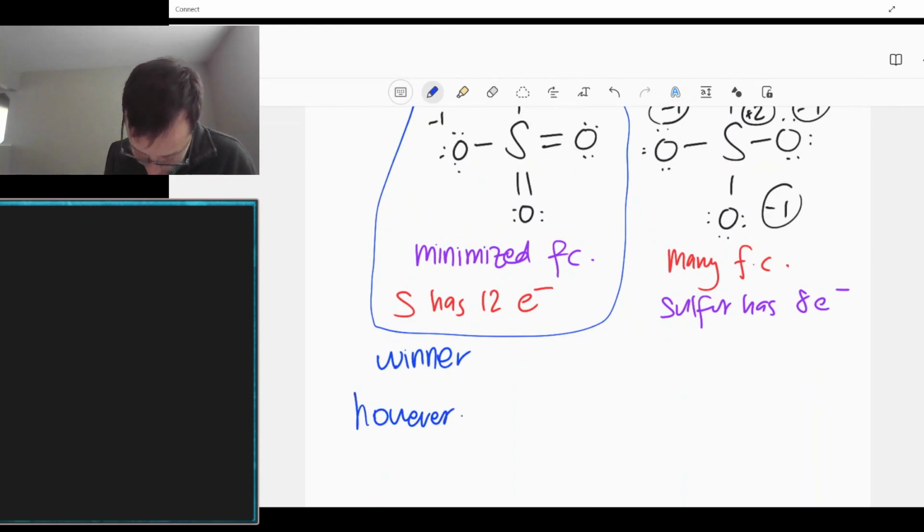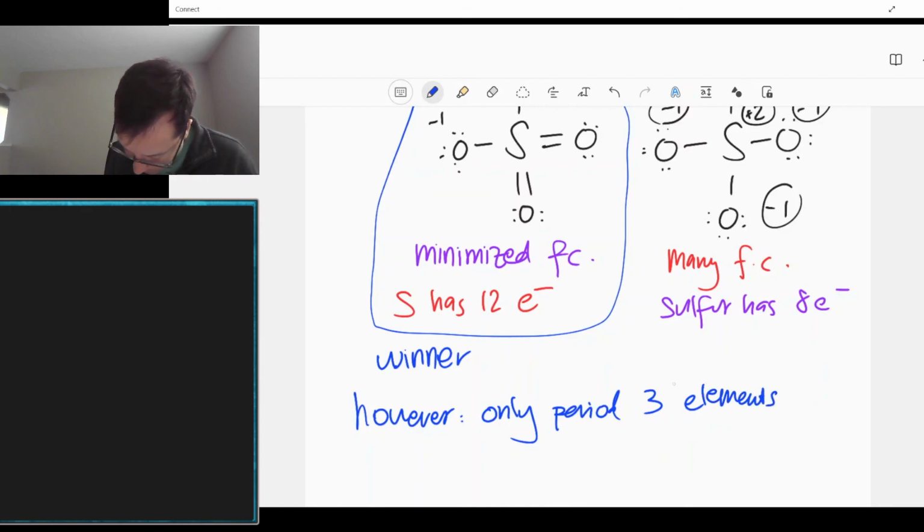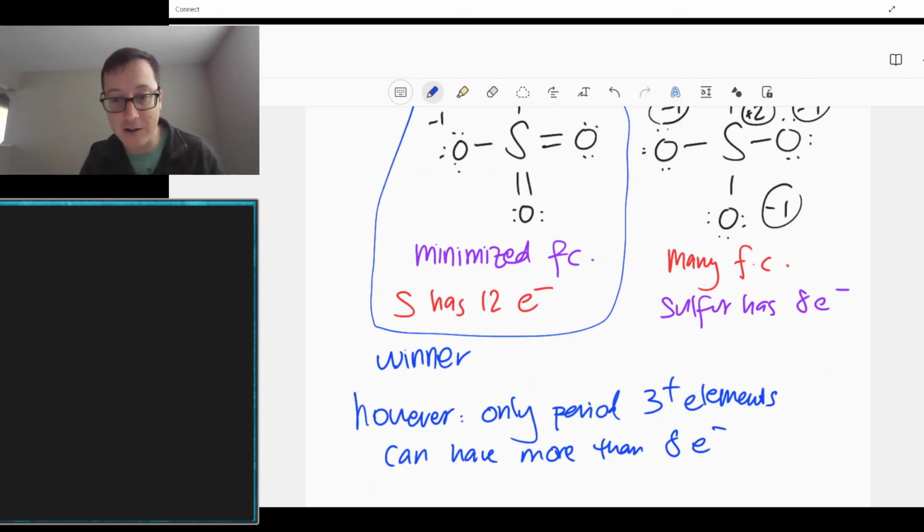However, only something in period 3 or higher can have more than 8 electrons.